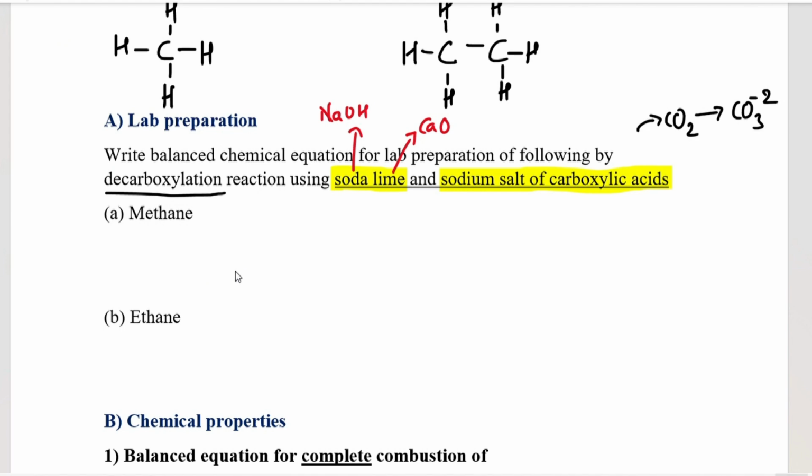For methane, what are the starting materials? Soda lime is common for both. Sodium salt of carboxylic acid: here for methane you will take sodium acetate, CH3COONa. How do you get sodium acetate? When you take acetic acid, CH3COOH, and make it react with a base, sodium hydroxide, you will get a salt, CH3COONa, plus water.